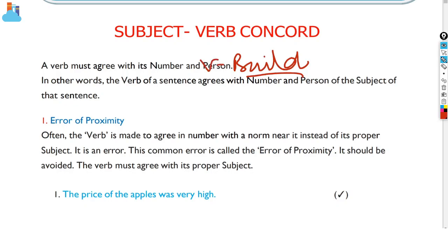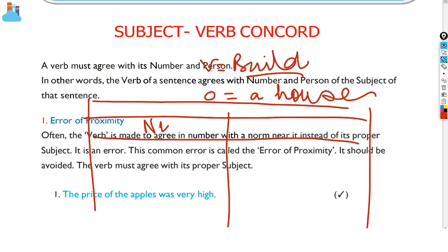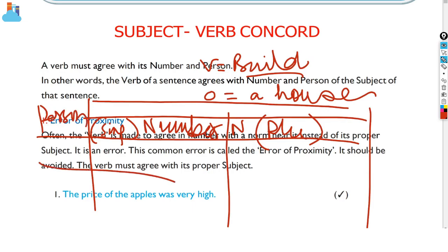This is the verb. Now for the object I am writing a house. Then we make a table like this: this is number, where we write singular and plural. Here we are writing the person: first, second and third.